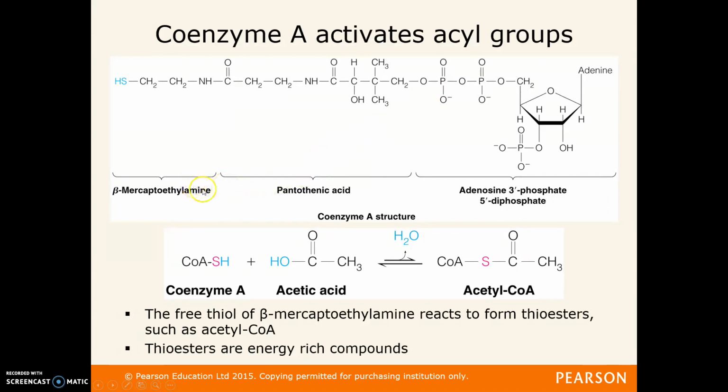So the reason why we utilize this coenzyme A is that this, what we call a thiol ester group, is actually a very energy-rich compound. And I'll give you more detail here in a moment.